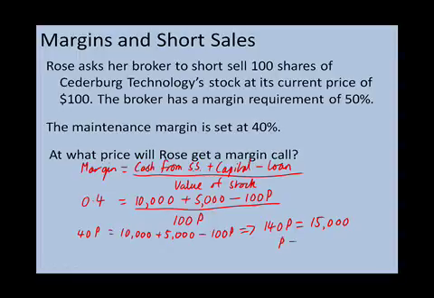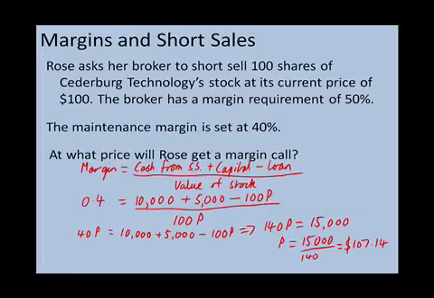So P must be equal to 15,000 divided by 140, which equals $107.14. So Rose will receive a margin call if the price of Cedarburg Technology stock rises to 107.14.